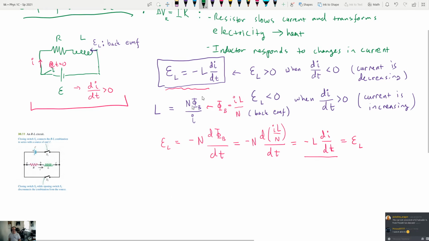The other possibility would be I have a circuit where I have a switch, and then I also need an upper segment of my circuit. So we'll draw another resistor in here.